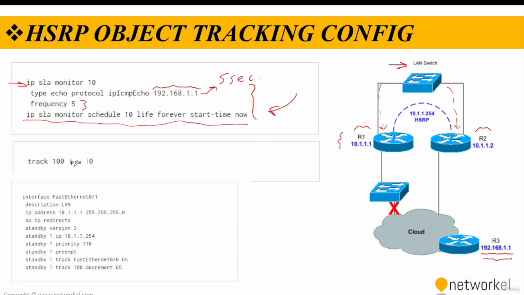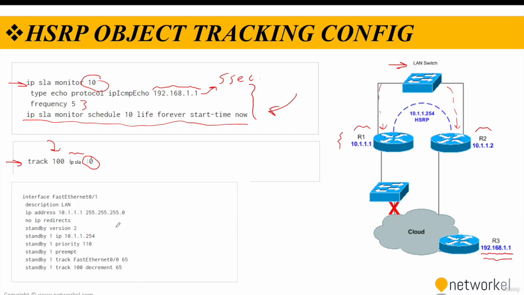Okay. Then this command is to track this SLA: track 100 ip sla and the monitor number. Then how it works really, my router will start pinging this remote IP address every 5 seconds.